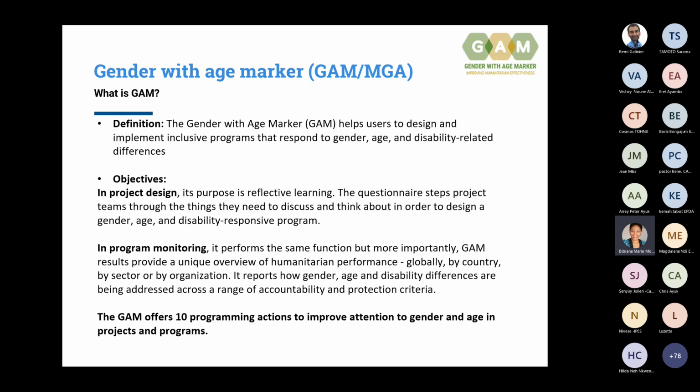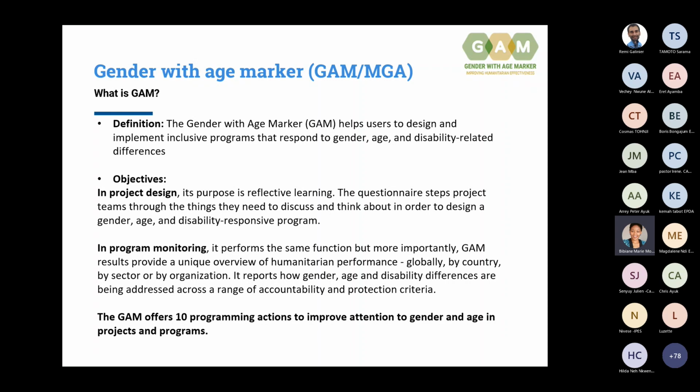The objective is to reflect and to learn how you can, first of all, have a deep analysis on how to take into account gender in your project, and also it will help you during your monitoring phase to see if the results you are providing are really taking gender into consideration, how you report on gender, on age, and on disability differences, and how you address all these groups in your criteria.